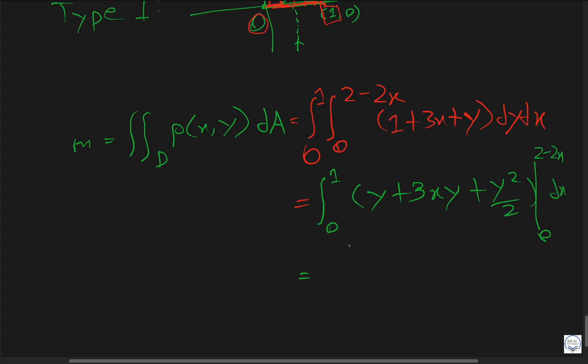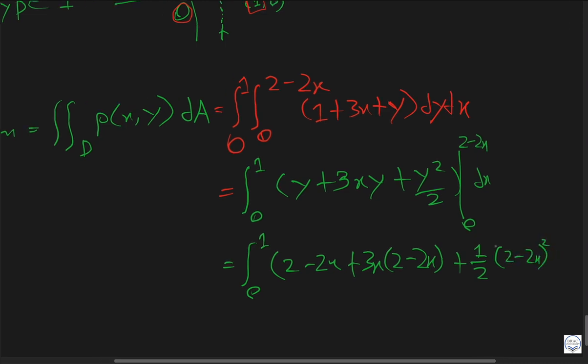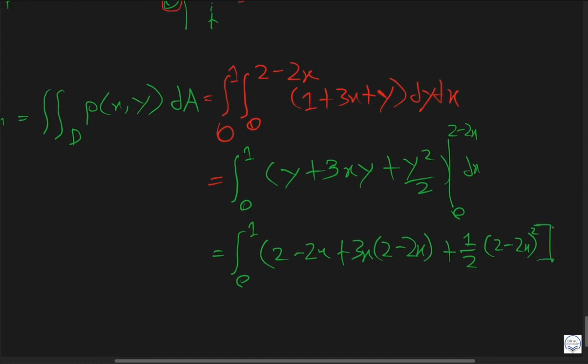So now we substitute the limits. Two minus twice x plus 3x into 2 minus twice x plus half times 2 minus twice x whole squared, and all three have y, so 0 will give a minus 0, which I'm not going to write.